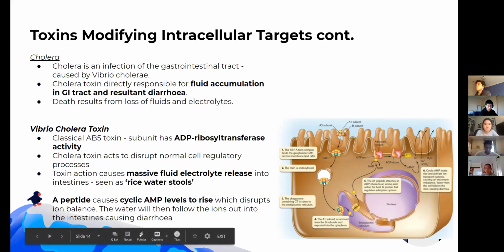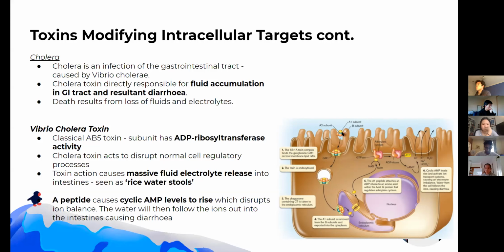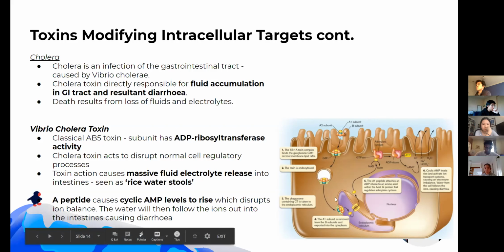So if we look at this diagram here, let's quickly go through how the AB toxin works. We have the A component with the B subunit. The B binds to the cell membrane, and this allows the toxin to get into our cells. Then the A will essentially come off the B because it doesn't need it anymore. It's already in our cells.